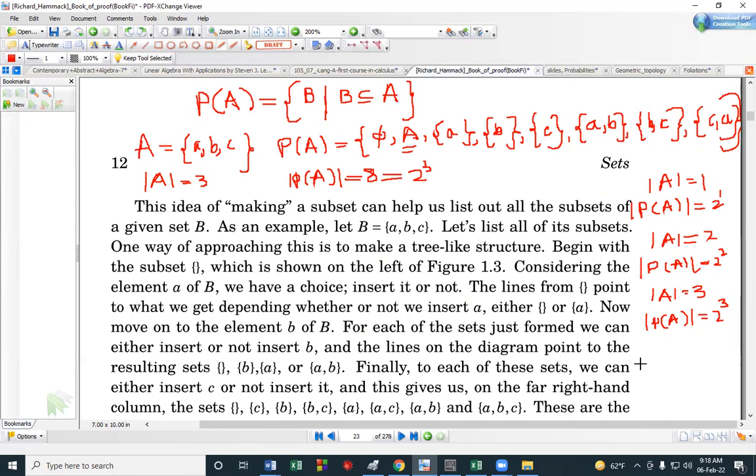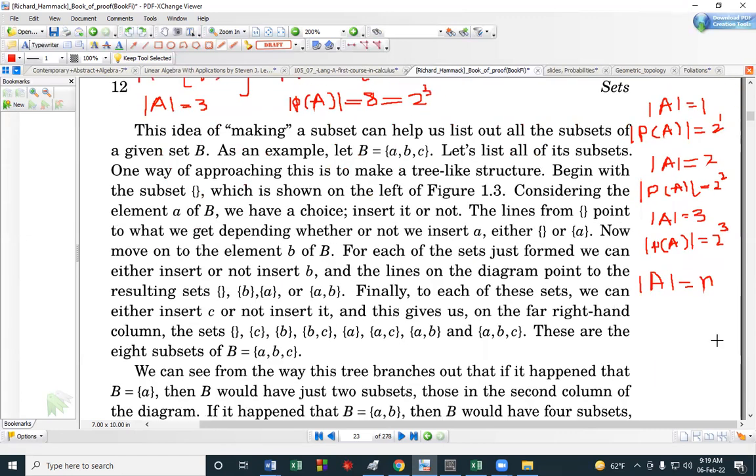In general, we can conjecture that if A has n elements, could be 1, 2, 3, or whatever, then the number of subsets of this set has to be 2 to the power n.